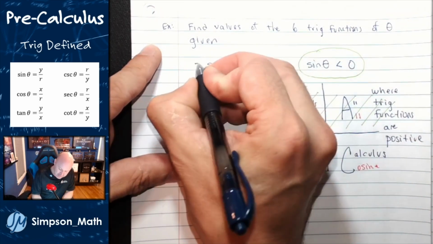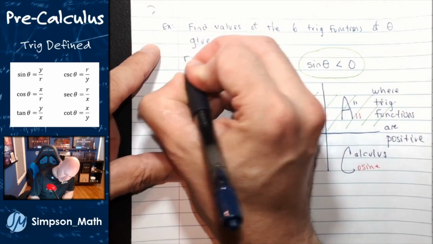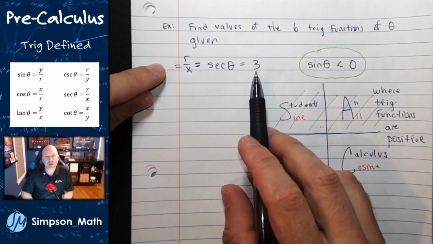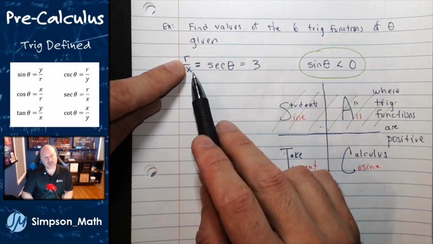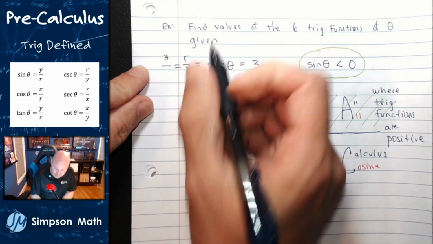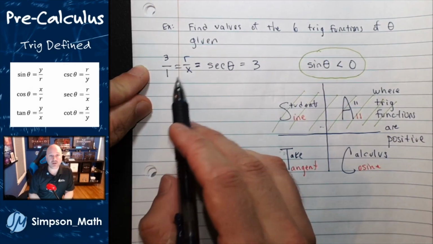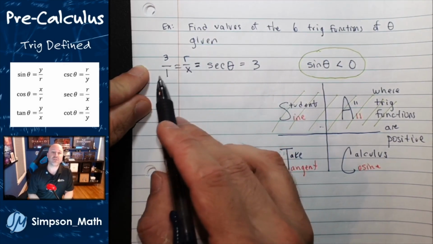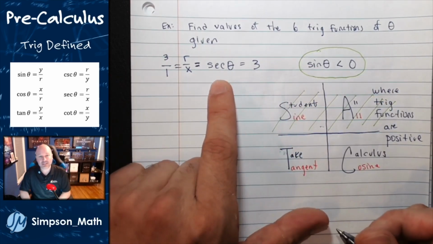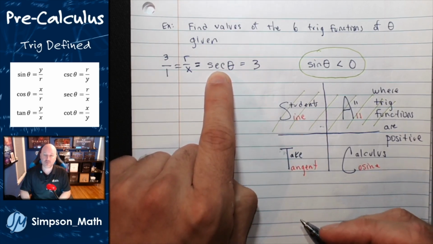Secant is defined as the reciprocal of cosine, so instead of x over r, it's r over x. Now to get 3, I guess you could do like 6 divided by 2, but I bet the easiest thing would just be to let the radius be 3 and the x value be 1. 3 divided by 1 is this fraction that when I do the division, it gives me 3. Now for secant to be positive 3, secant is the reciprocal of cosine.